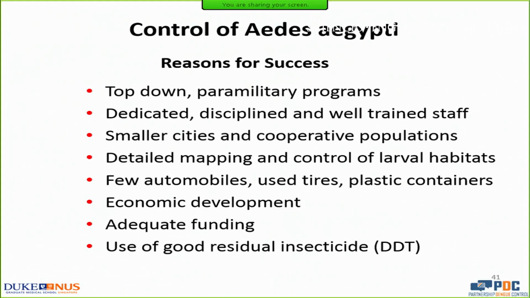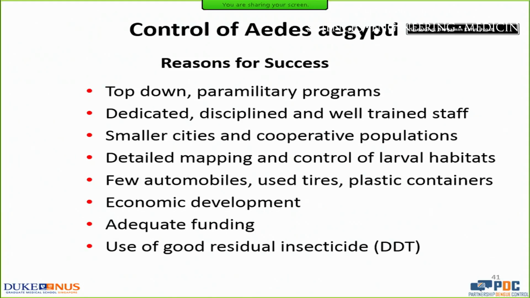Our cities in the neotropics were much smaller in those days, and there was a lot of detailed mapping to identify the sources of the larvae for Aedes aegypti and to eliminate them. We had fewer automobiles, so not as many used tires, far fewer plastic containers. I think this is a major factor in Latin America. When I started working there about 30 years ago, all the beverages were sold in reusable containers with a deposit on them.